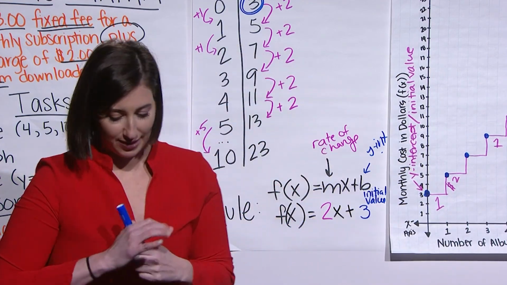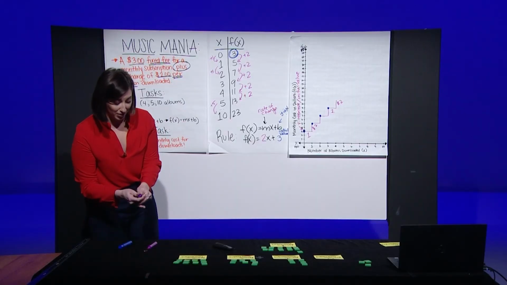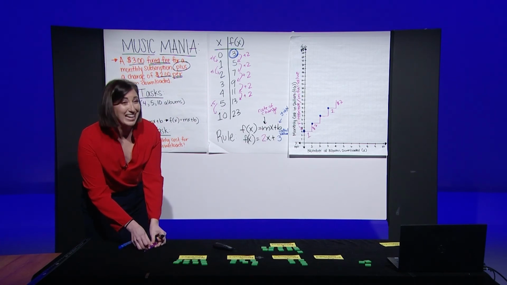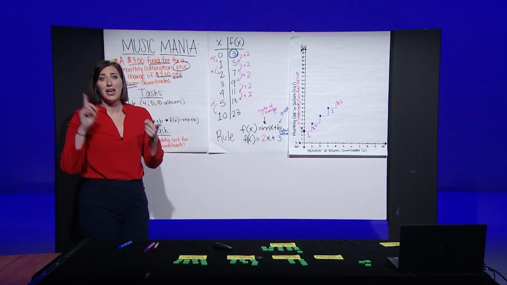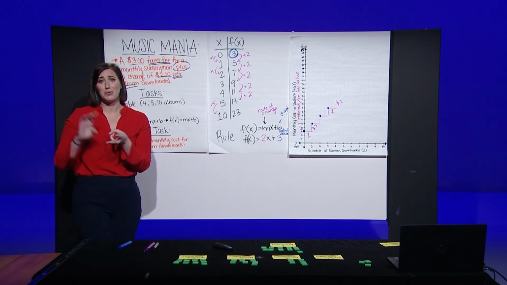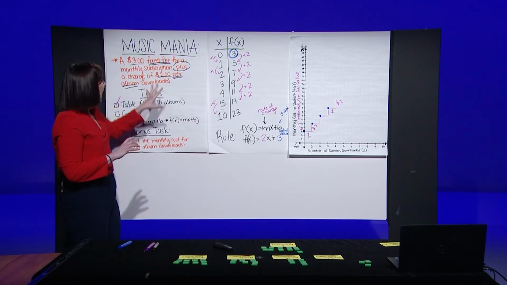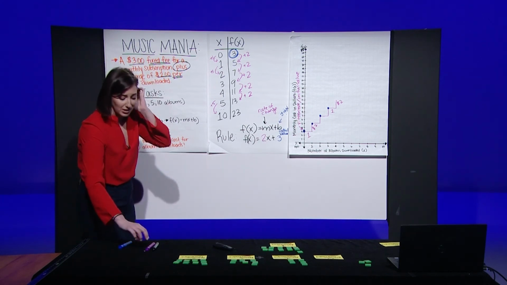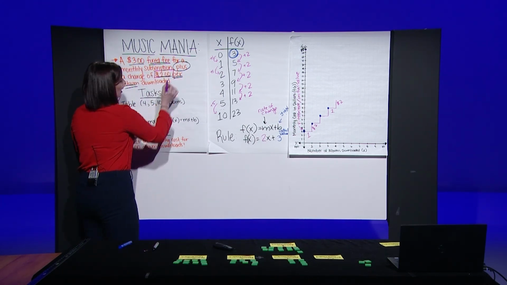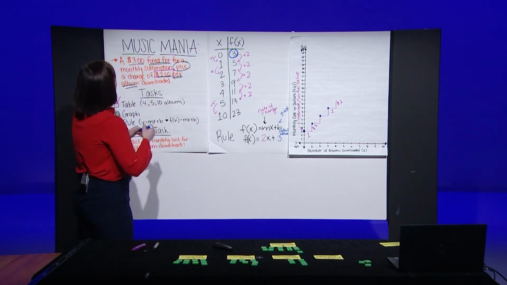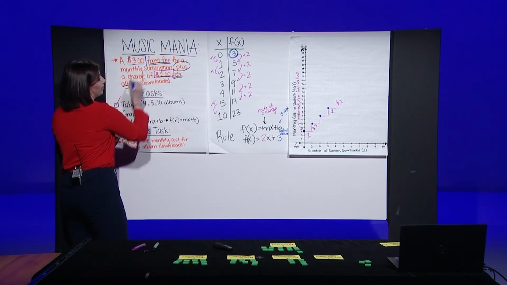All right. So now I can look at any version of this problem. Remember, I told you at the beginning, we had scenarios, tables, graphs, and rules. I can see in each of these where I have a rate of change and an initial value.